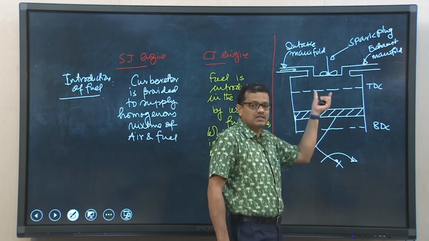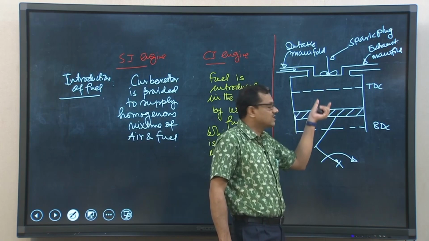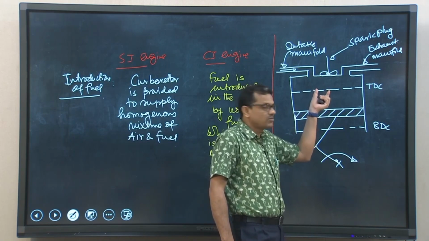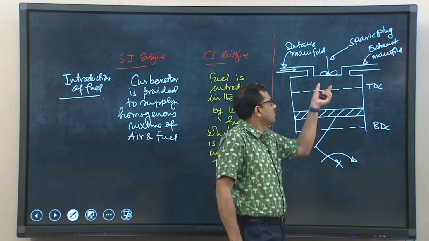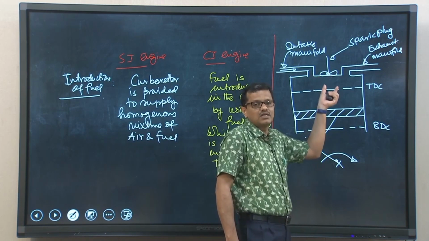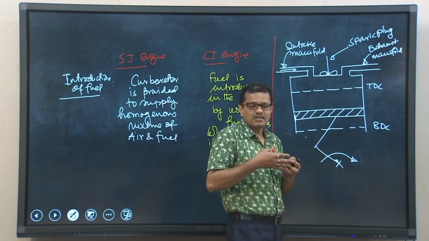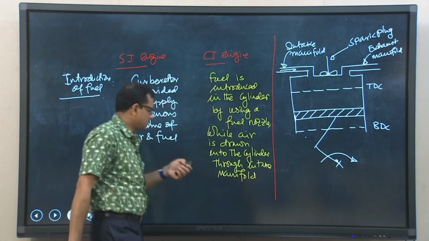Of the air, because air is drawn into the cylinder through the intake manifold, and that air is compressed. At the end of the compression stroke, the thermodynamic state of the compressed air is such that when fuel is sprayed into it, that state allows the fuel to ignite. That is called auto ignition.